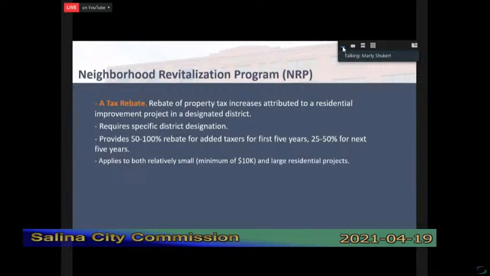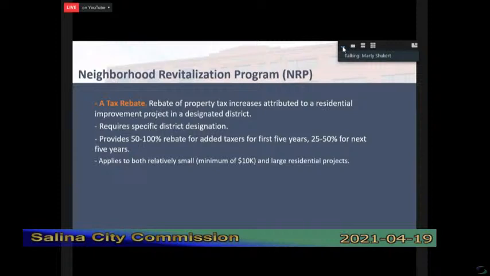Generally, people's experiences with NRPs in terms of producing housing have not been as powerful as an RHID. It is a rebate of property tax increases that is attributable to some form of residential improvement.